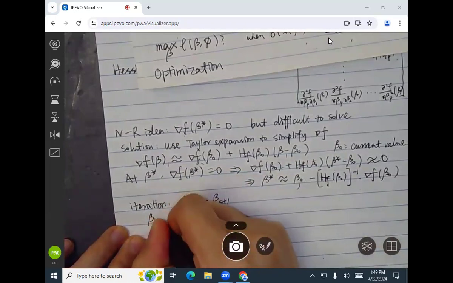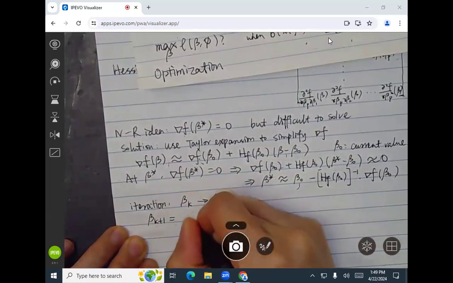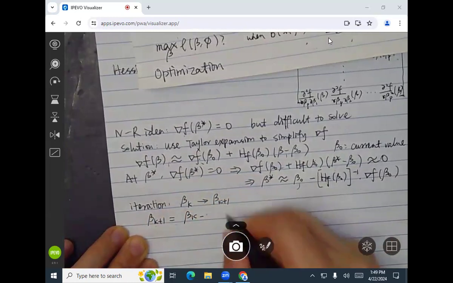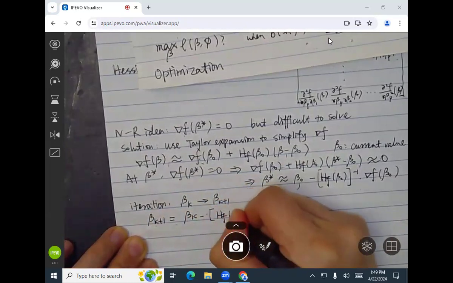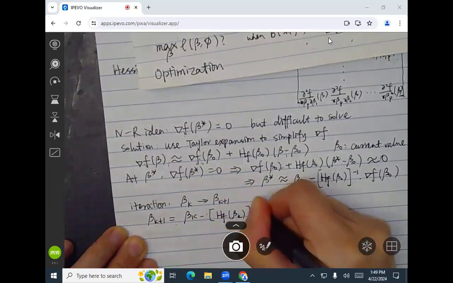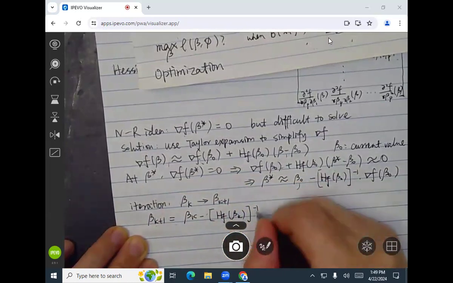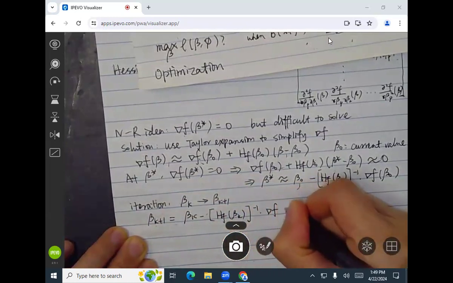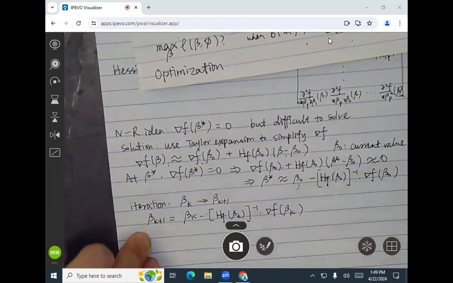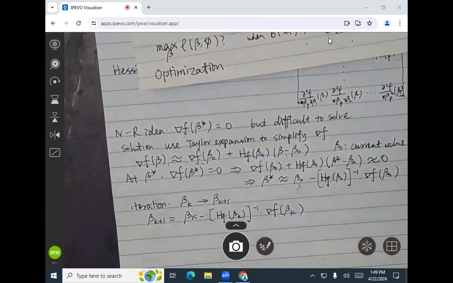So beta k plus 1 is set to beta k minus the inverse of the Hessian at beta k times the gradient of f at beta k. This is the update rule in Newton-Raphson. Okay, and this is called a second order optimization because we need a Hessian, which is second derivative.